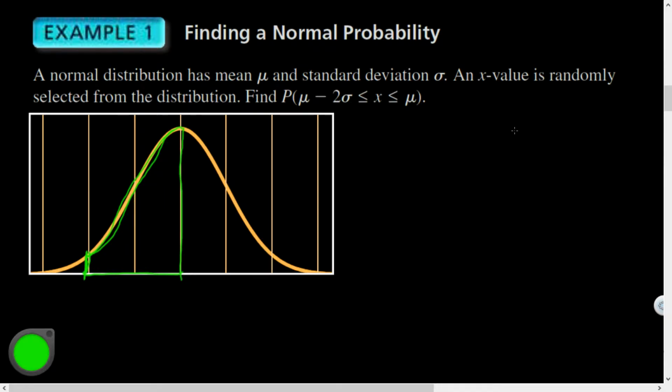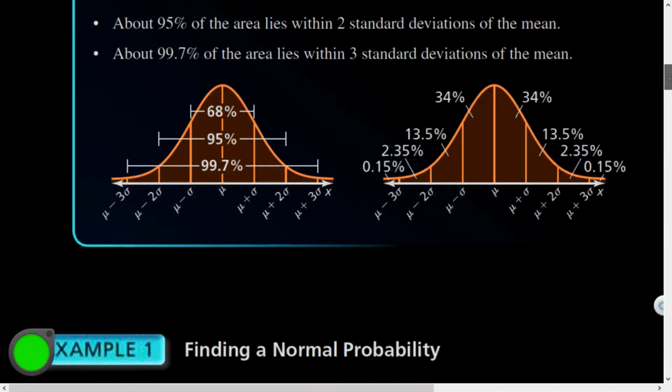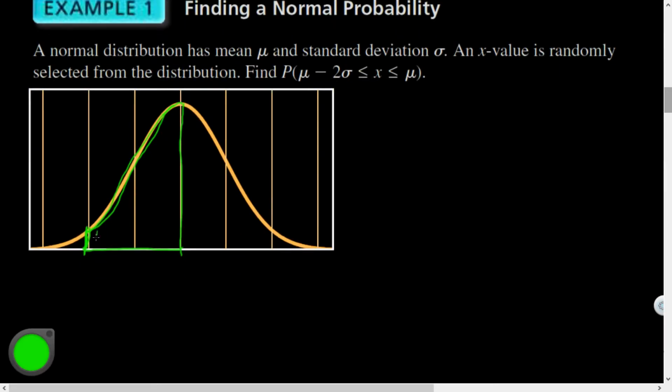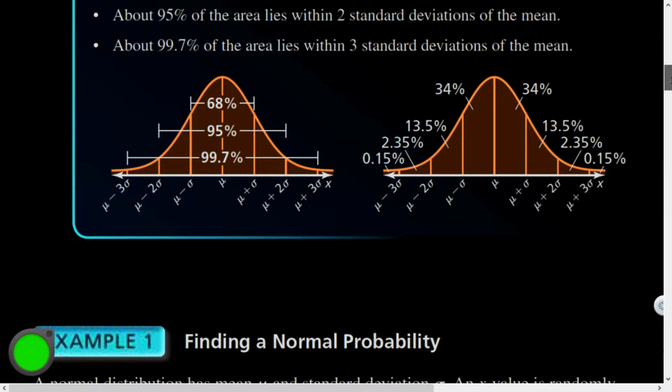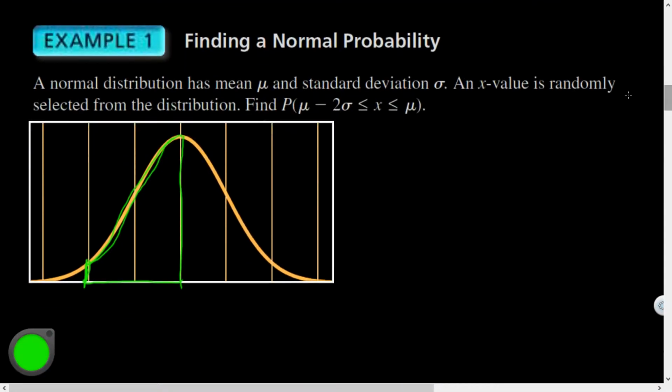Now, how could I use my little chart here to help me find this space? What do you guys think? How could I use my chart to find the percent that would land between these two values?